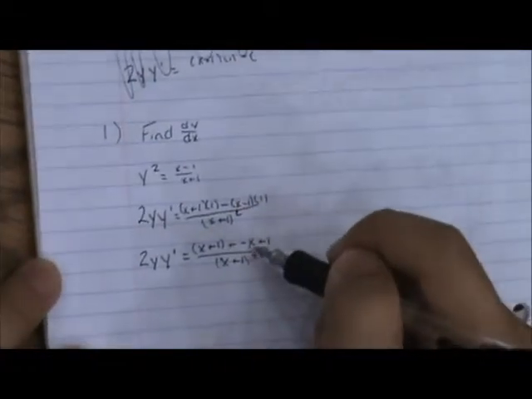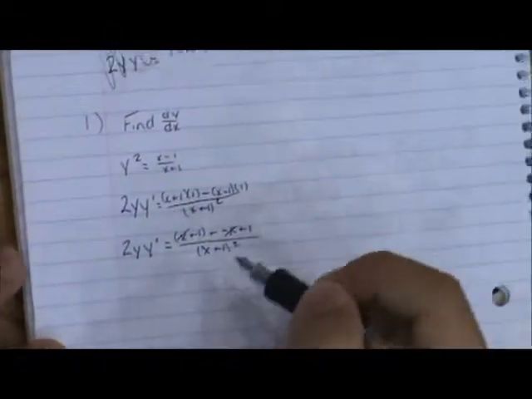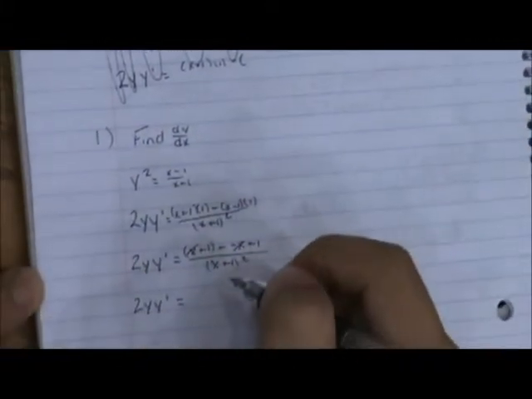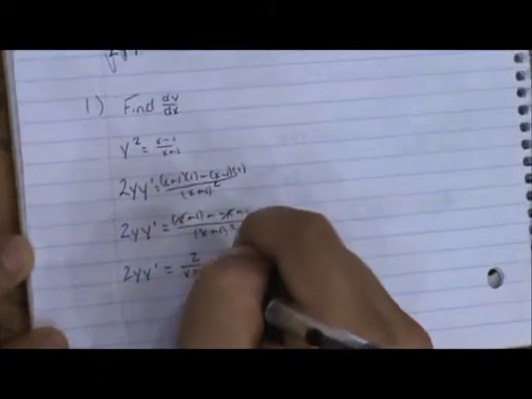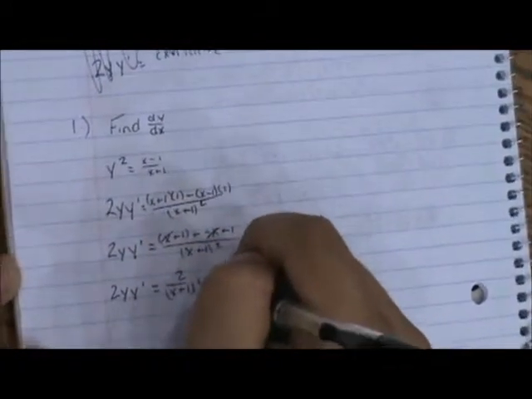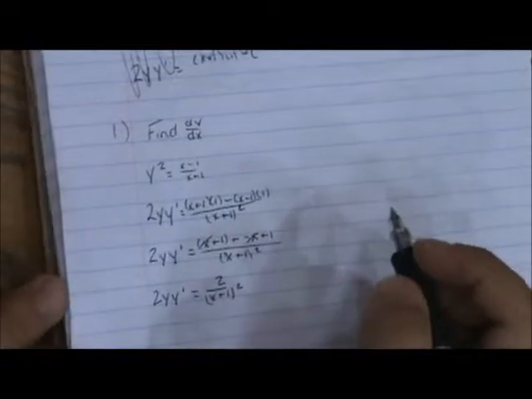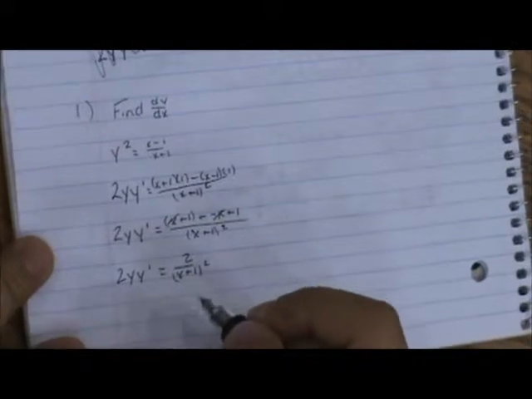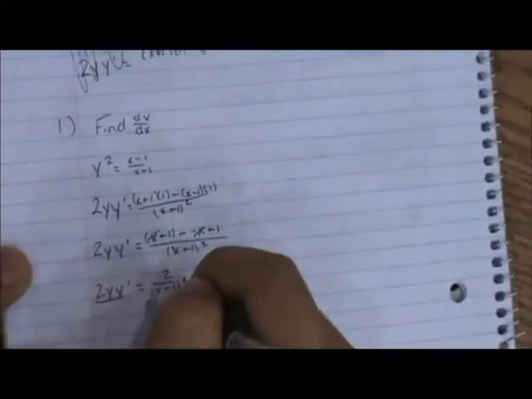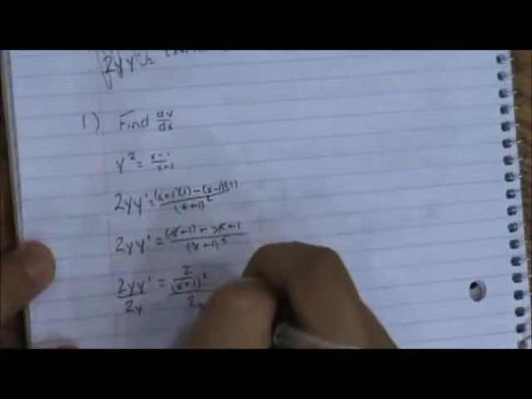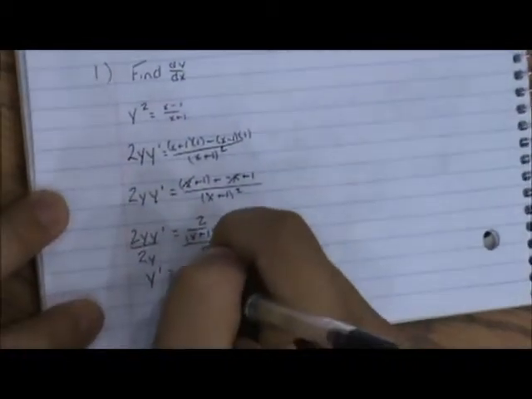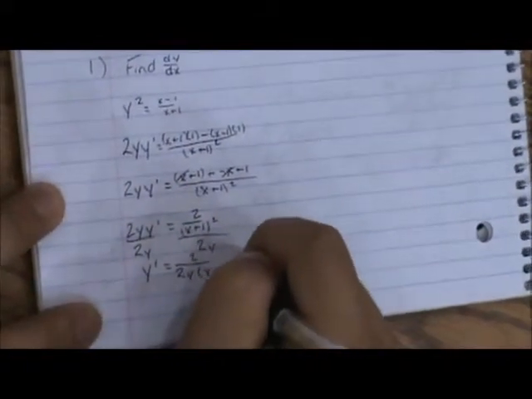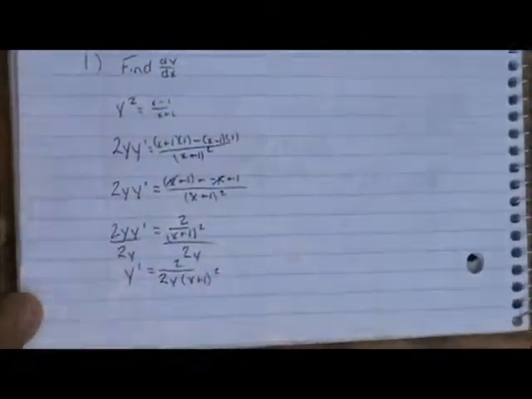So now you're able to take out an x, and you are able to get 2y prime equals 2 over x plus 1 squared. Now you're able to divide the 2y prime by 2y. So y prime equals 2 over 2y times x plus 1 squared.